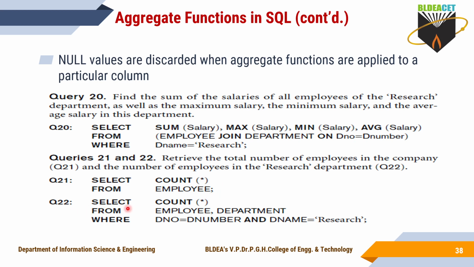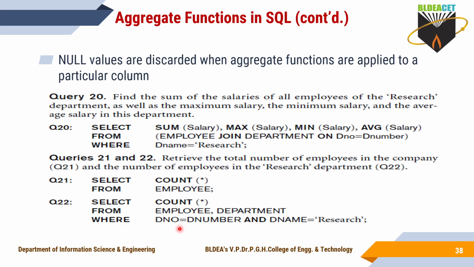Next is the second query. Now you have to count the number of employees who work for the research department. The query is: select count star from employee and department, because whether that employee belongs to the research department or not is information we get from the department table.